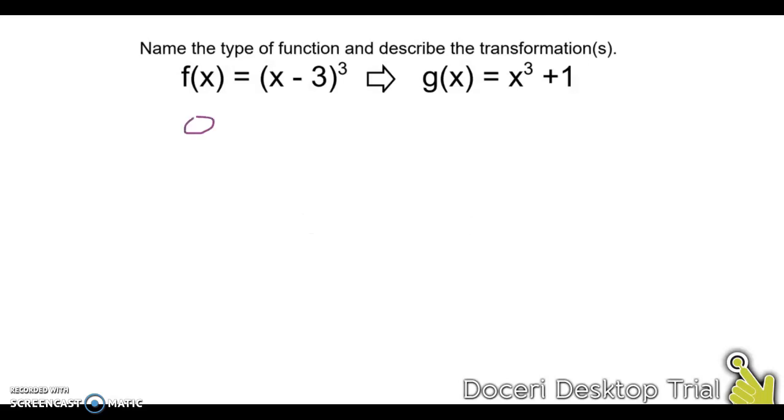So we know this is quadratic. Sorry, cubic. I've done that twice now. There was no change in a. The h went from -3 to 0.